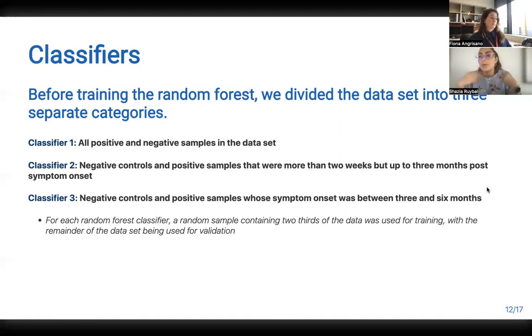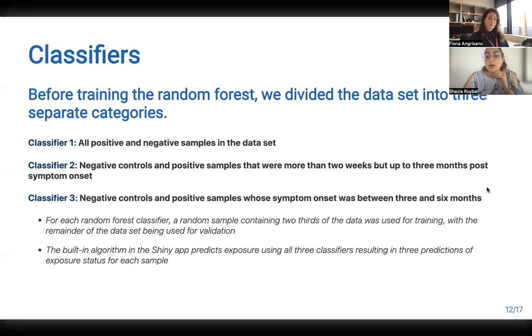That's why if you run this classifier different times, it'll choose different random samples of the 2/3 of the data set, and you may get different sensitivity and specificities. So we did this a few times, and we opted to choose the highest sensitivity and specificity options. I'll get into that in the next slide.